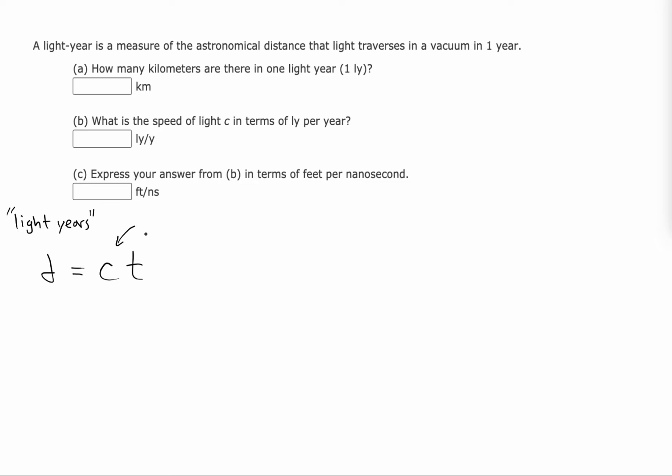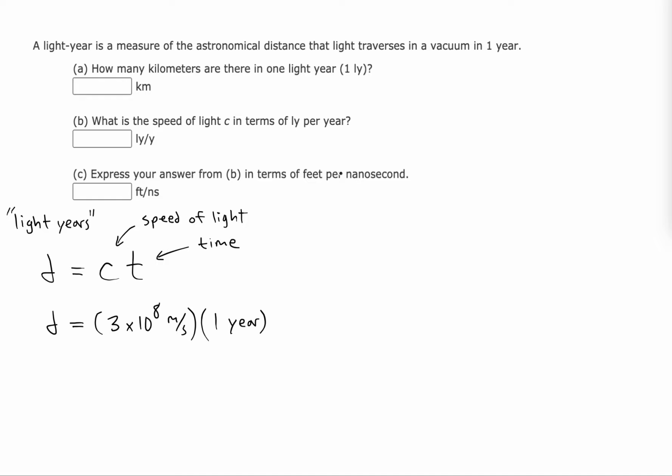Where c is the speed of light, and t is, of course, the time. So what should we plug in? Well, let's plug in 1 year. So we'll do 3 times 10 to the 8th meters per second, and then we'll do 1 year as the time. See how far light goes.